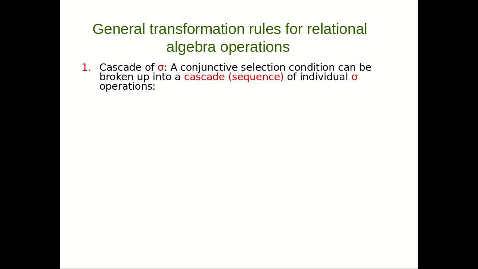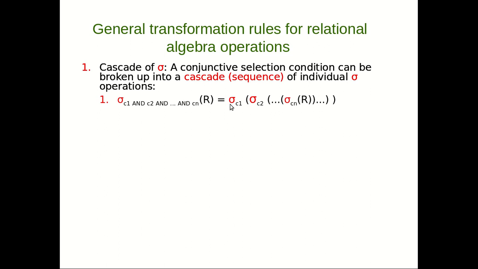Cascade of select operation. A conjunctive selection condition can be broken into a cascade or sequence of individual select operations. For example, if our condition is select C1 and C2 up to Cn, a condition containing n number of conditions, then you can apply the last condition on the relation, and to the resultant relation you can apply the next condition, and so on.